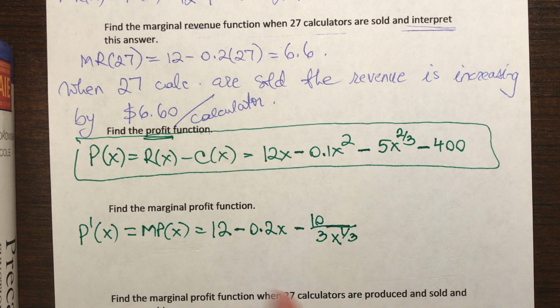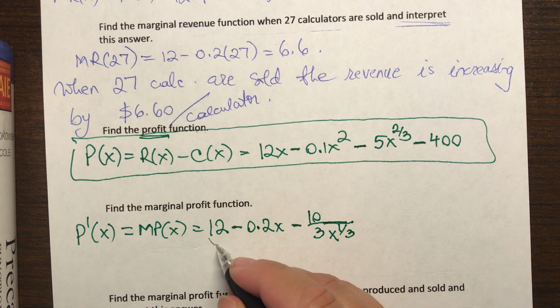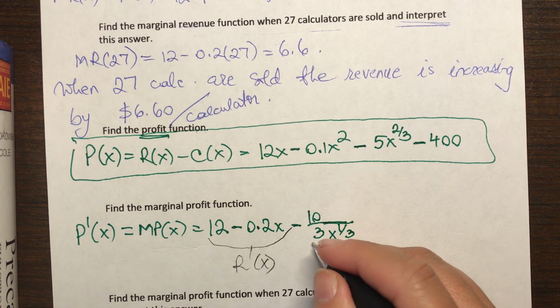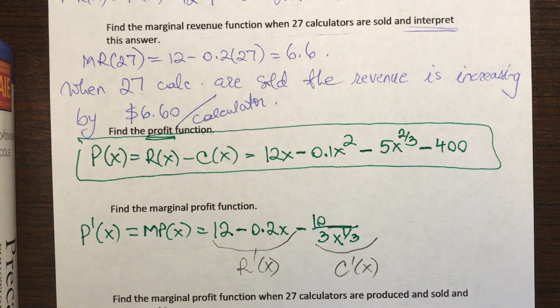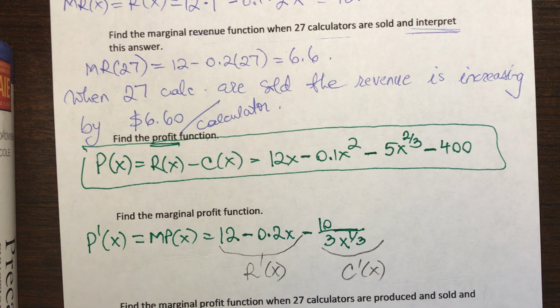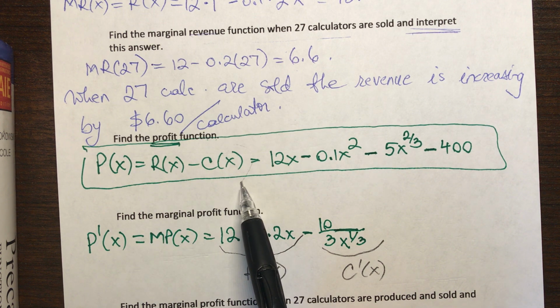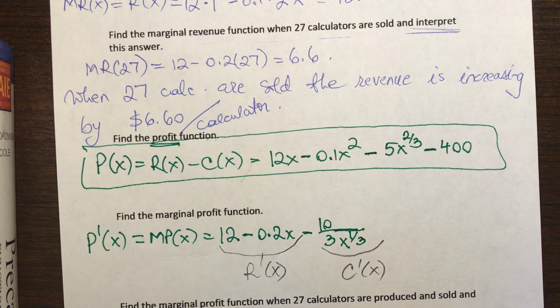Would you have been able to guess this without actually going through? Sure enough, because that's the derivative of the revenue minus the derivative of the cost function. We are simply using the sum difference rule that says when you take the derivative of a difference, you take the derivative of the first minus the derivative of the second.